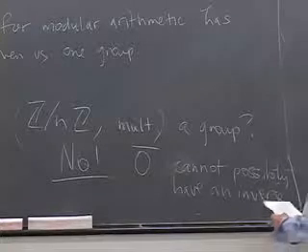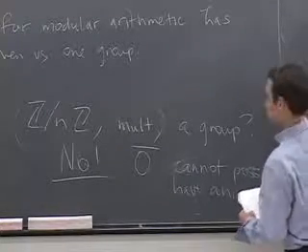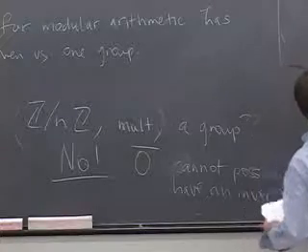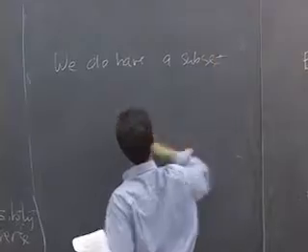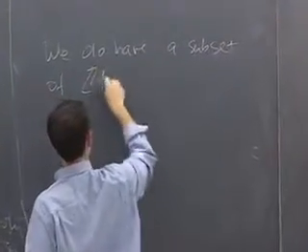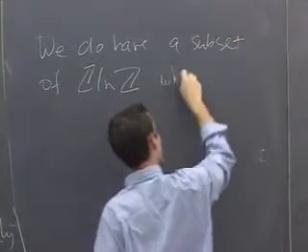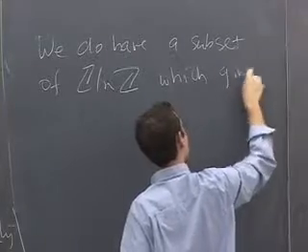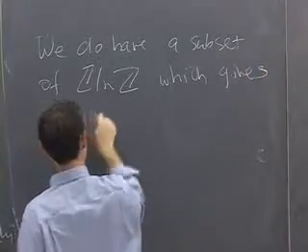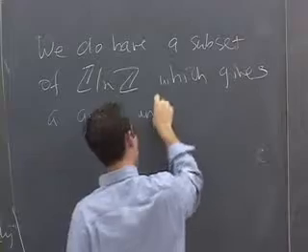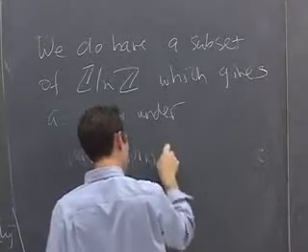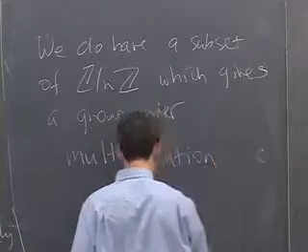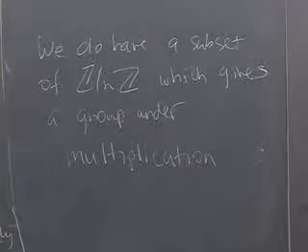So we do have a subset, though, of Z mod nZ, which gives a group under multiplication. Explicitly, the set of things that have inverses.